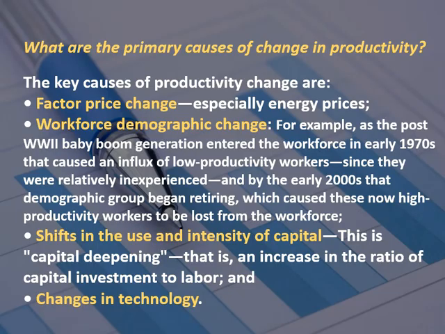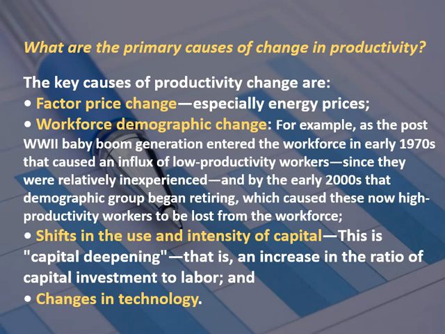What are the primary causes of change in productivity? The key causes of productivity change are: 1. Factor price change, especially energy prices. 2. Workforce demographic change. For example, as the post-World War II baby boom generation entered the workforce in the early 1970s, that caused an influx of low productivity workers, since they were relatively inexperienced.